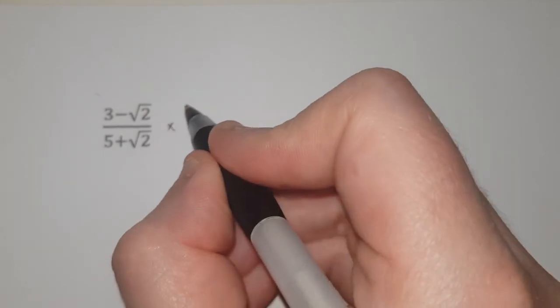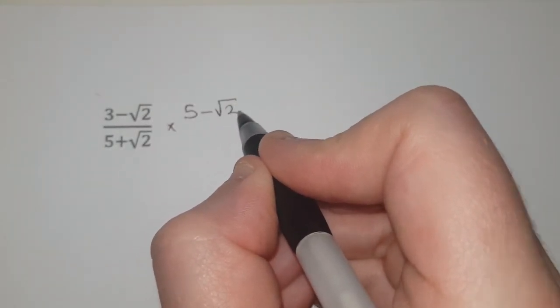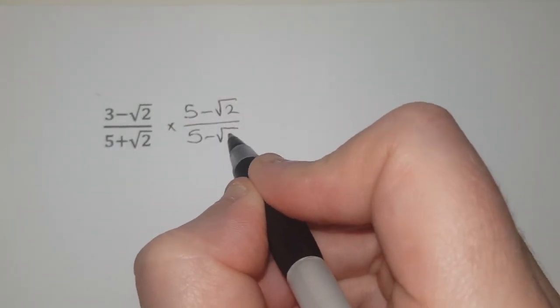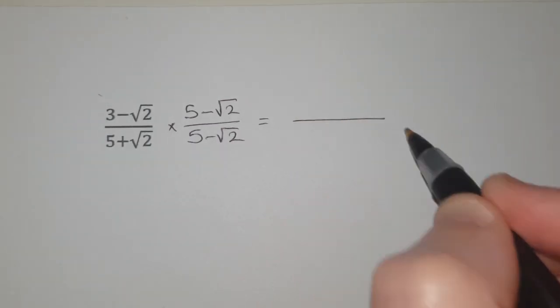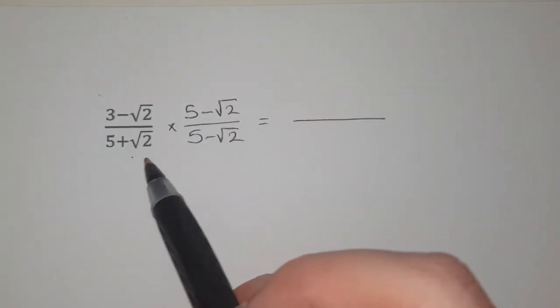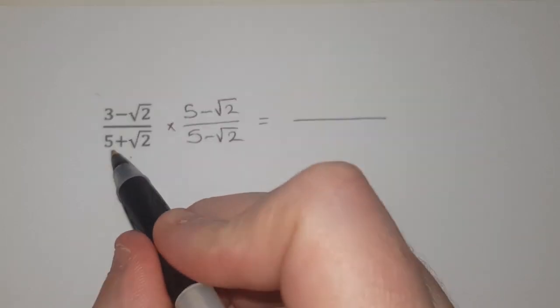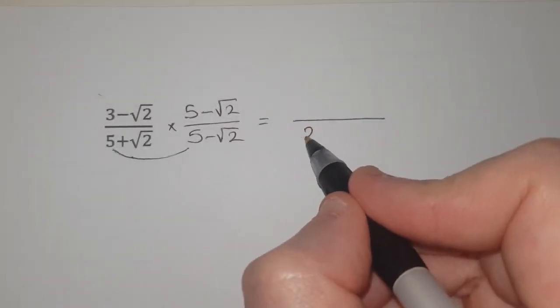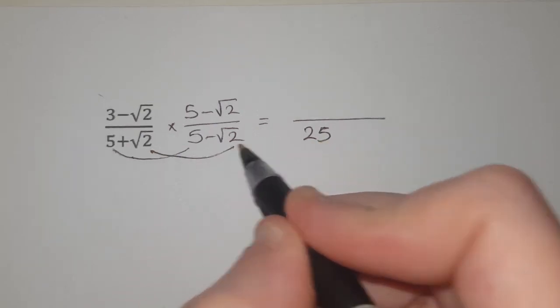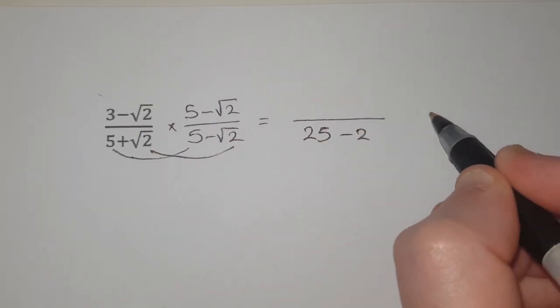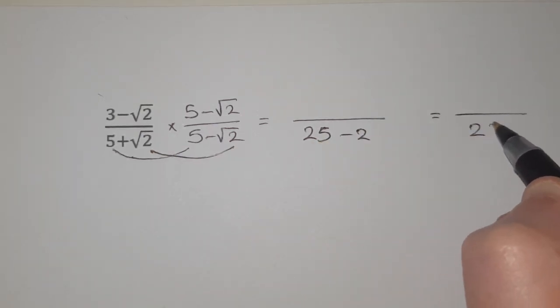So I'm going to multiply by 5 minus root 2 over 5 minus root 2. Now, this is where actually the bottom of the fraction becomes the easier one. Because using our cheat method that we've just learned, you just do first, which is 25, and last, which is minus 2. So I know the bottom of my fraction is going to say 23.